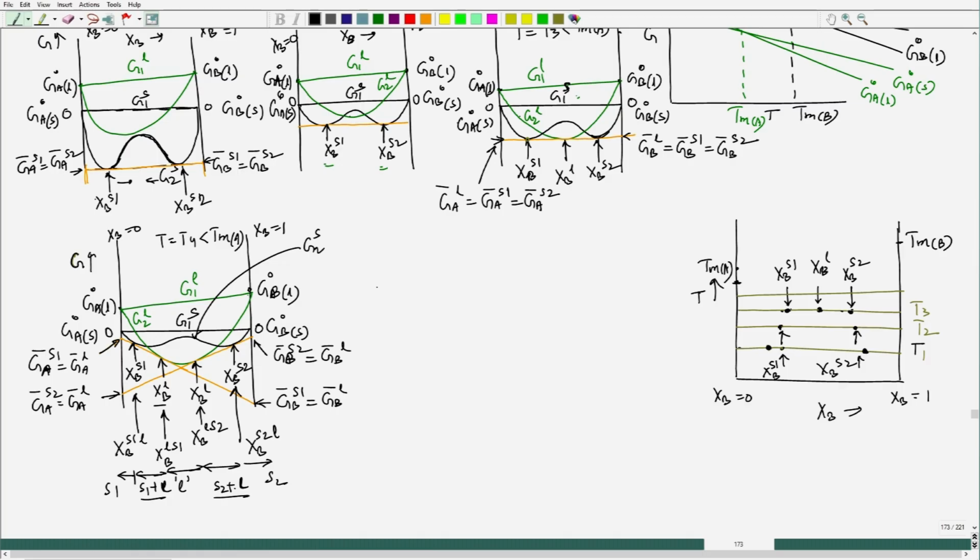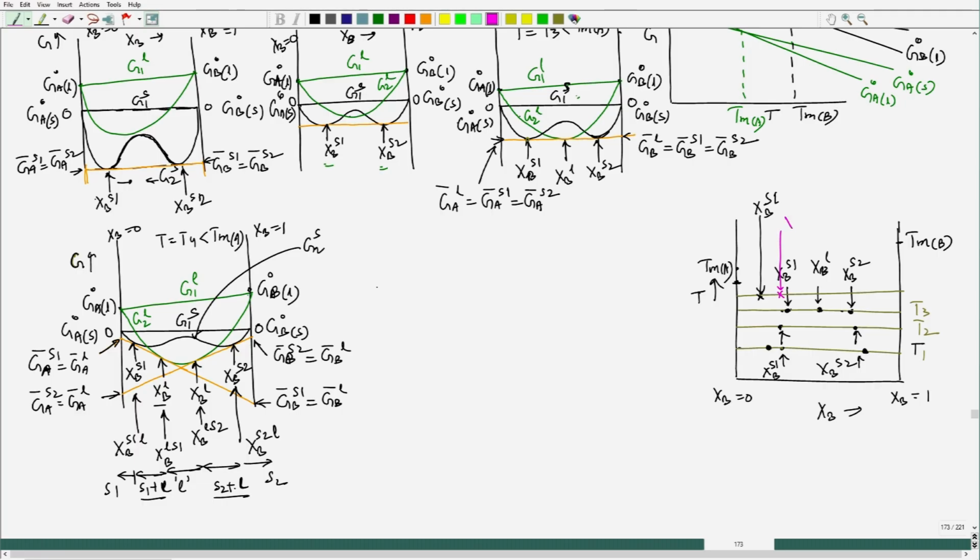Okay. So, now this S3 composition is, let us say, here. This is the S1 composition, X B of S1. Now, liquid will have appearance. The liquid composition, let us say in equilibrium with that, is here.